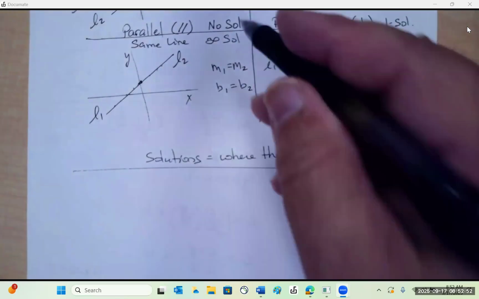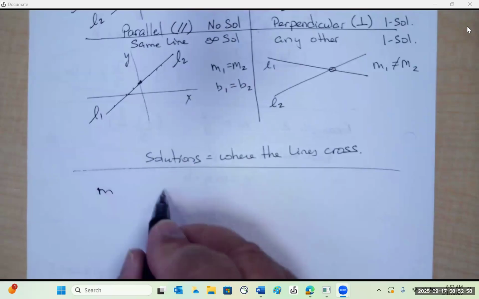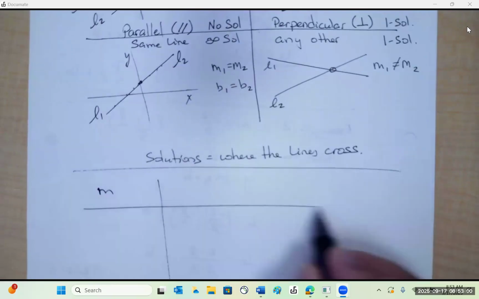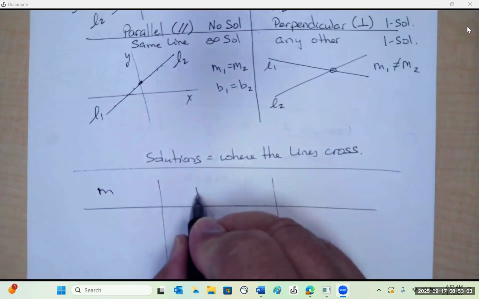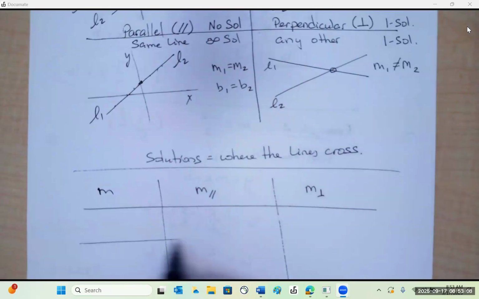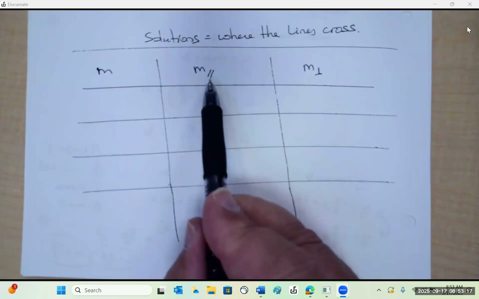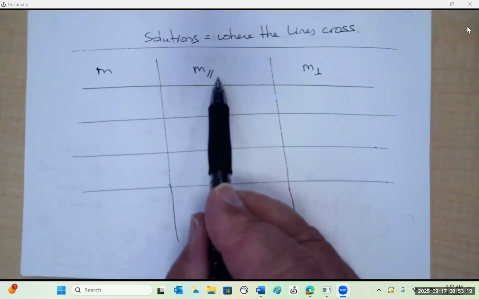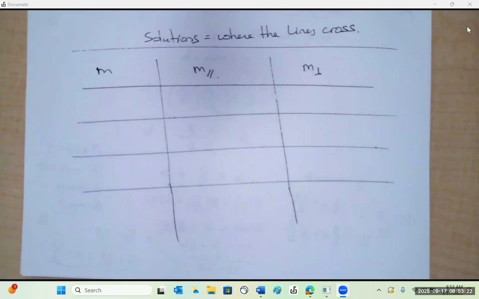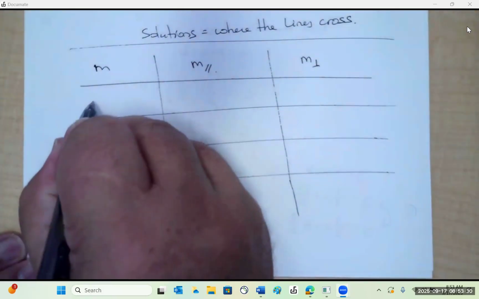So here, let's look at what this means. I'm going to give you four slopes. You're going to give me the slope of the line that's parallel and the line that's perpendicular. Here's the first one.